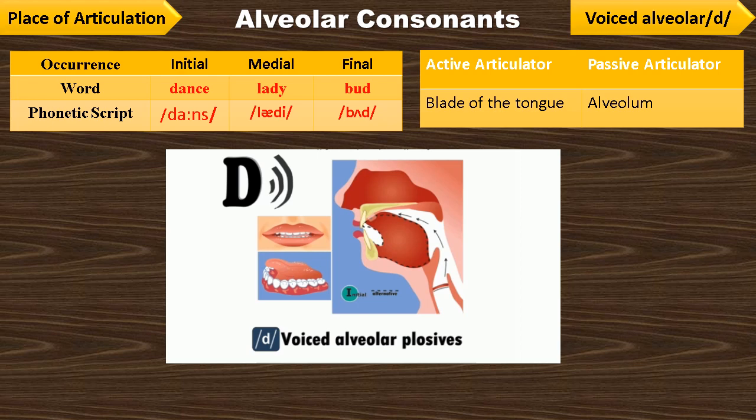It raises towards the passive articulator, the teeth ridge. So the sound d is produced with the movement of the blade of the tongue towards the teeth ridge.